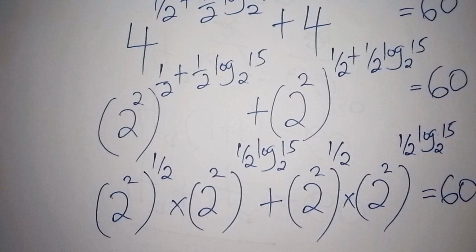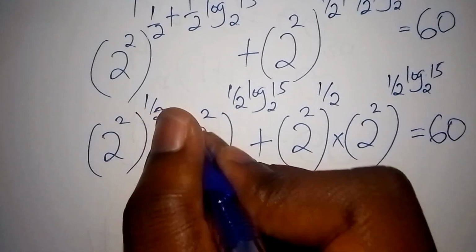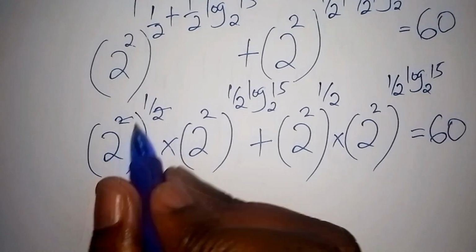So let's work it out very fast. We say that this 2 and 2 shall cancel, so 2 to the power of 1 is 2.